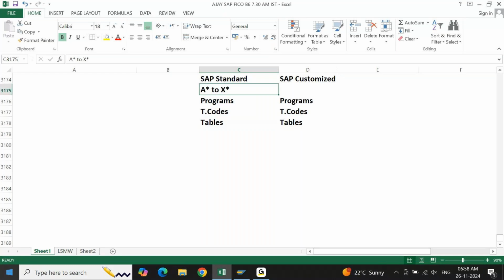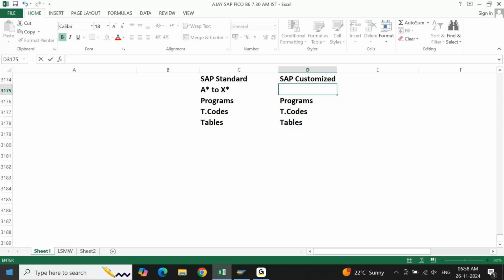When you're talking about SAP customized, what are all left from your alphabets? Y and Z. So it can be Y star to Z star.